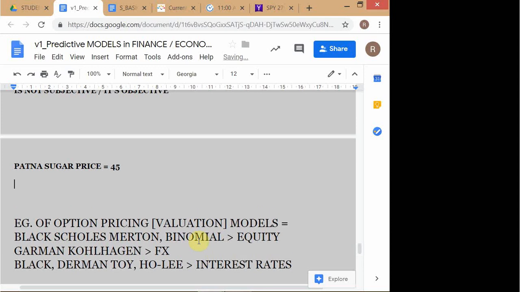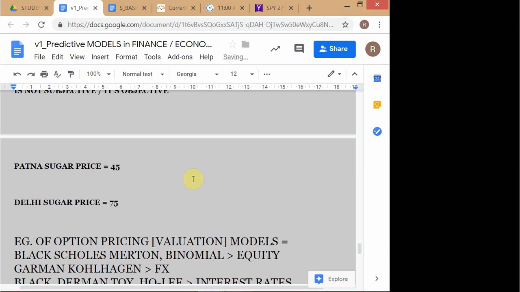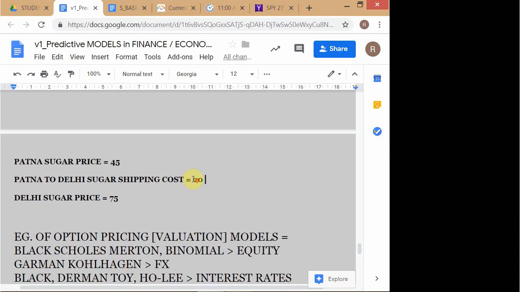Then Delhi sugar price equals, I'm giving extreme examples, and this is all rupees per kilo.